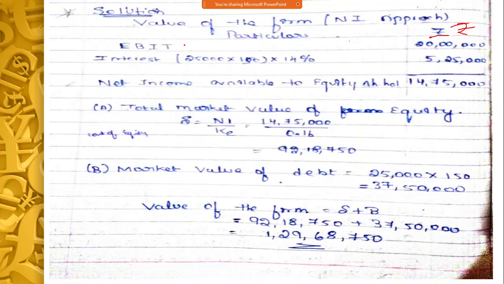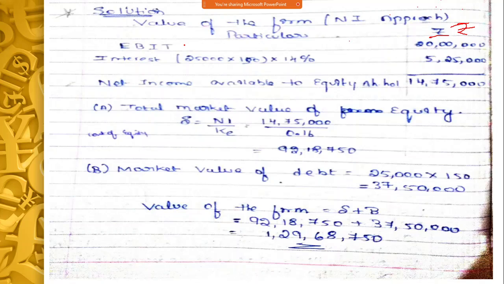Whenever they speak of EBIT, it simply means the earnings of the company even before the interest and the tax have been paid. But under the net income approach, what is the first assumption that we have made? That there is no corporate tax.